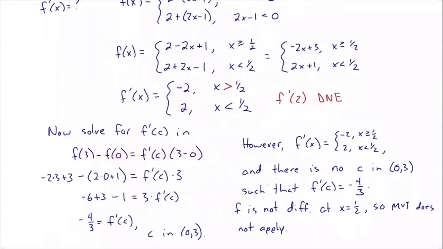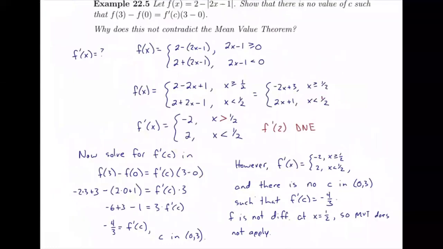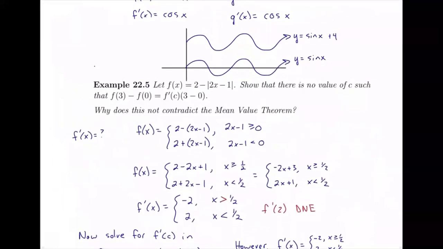And the reason this doesn't contradict the mean value theorem, right? This is the mean value theorem's conclusion right here. The reason for all of this is, as I said at the very beginning, the absolute value is not differentiable on the interval. At least this absolute value function is not differentiable on the interval 0 to 3.